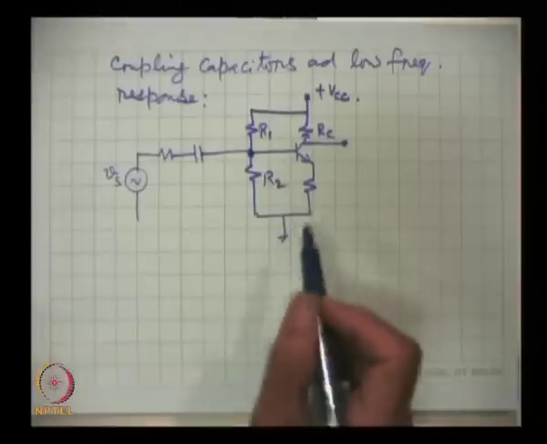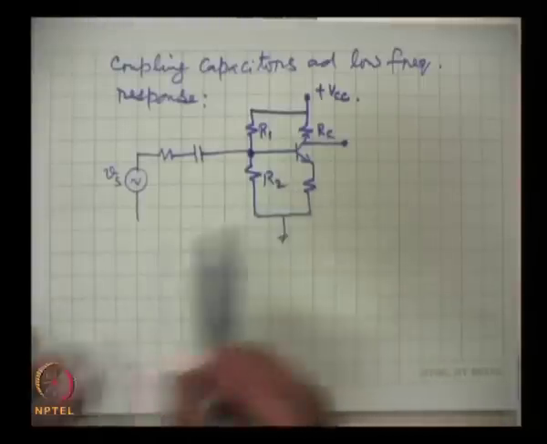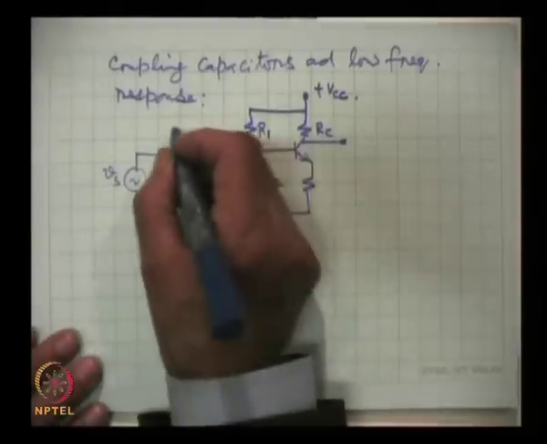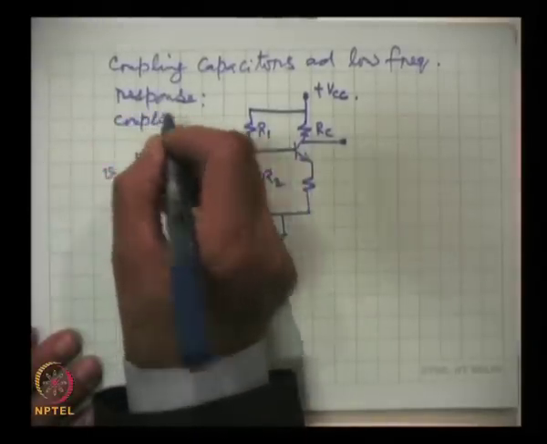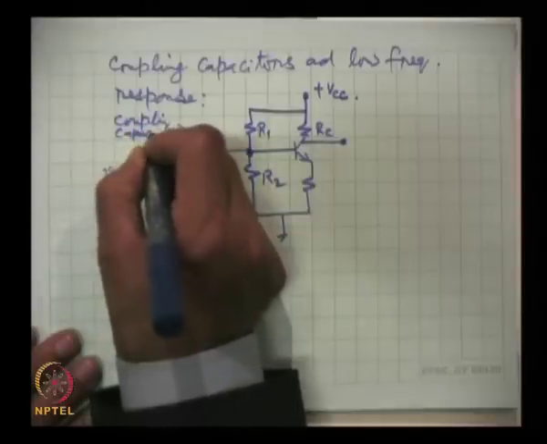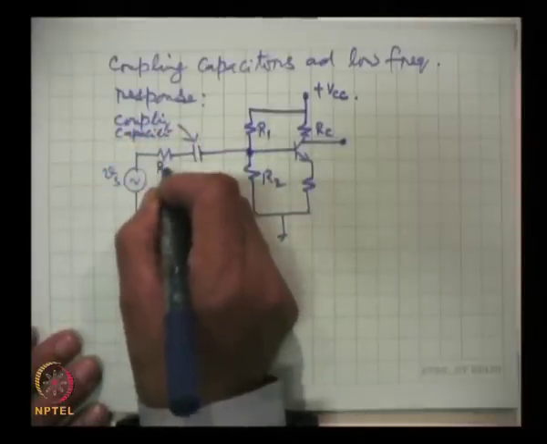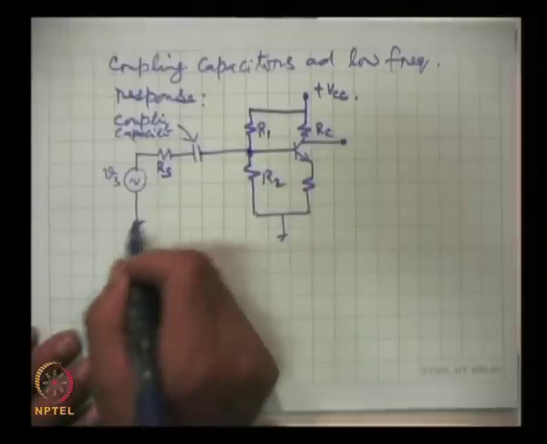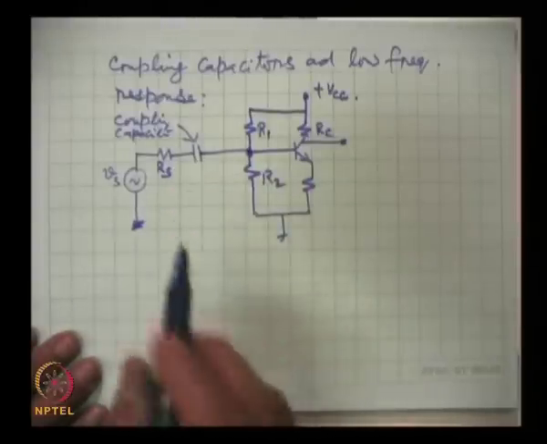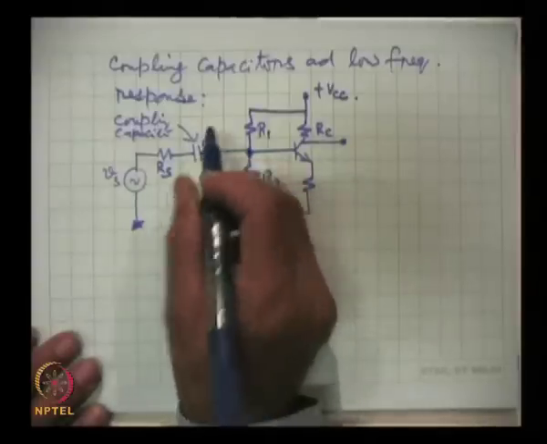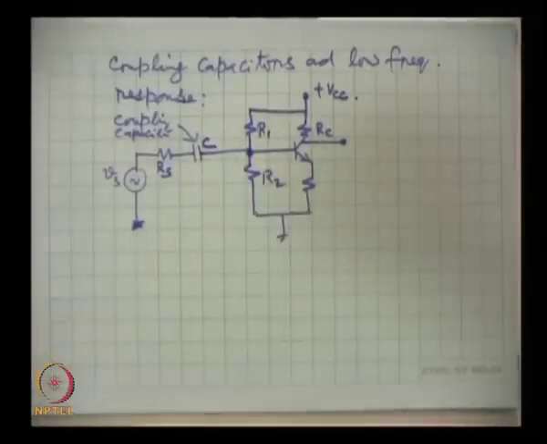This is the amplifier, and this is the coupling capacitor. This is the source resistance which every source has, and for the sake of completeness we are considering it. So this capacitance C is the coupling capacitor.